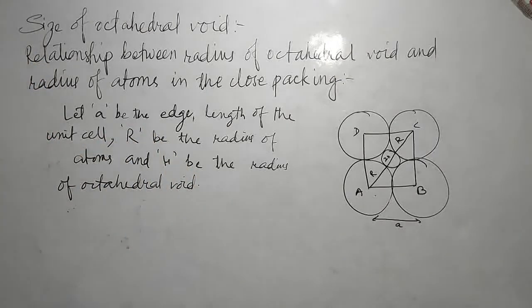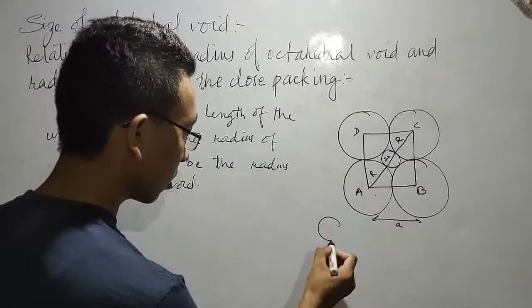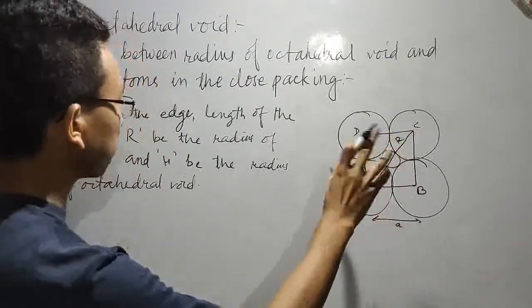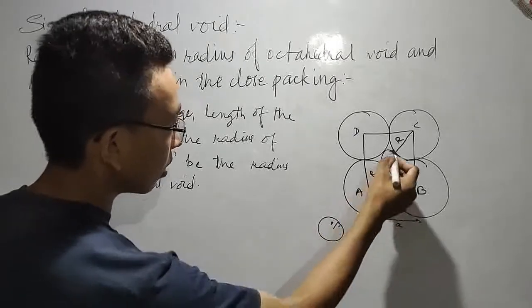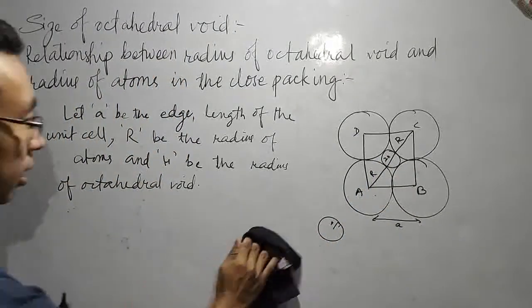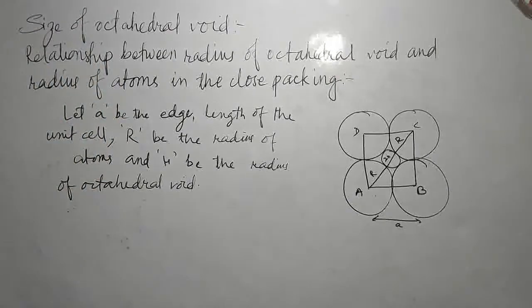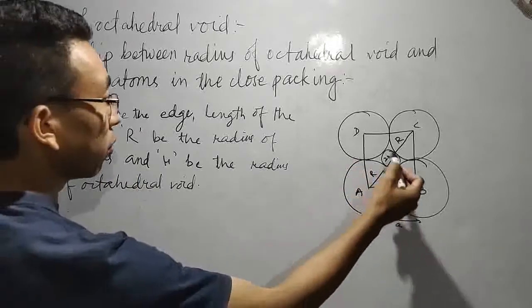So this is it. Now in this case, since a full octahedral void atom, suppose an atom is there, then if its radius is r, then the diameter will be 2r, isn't it?